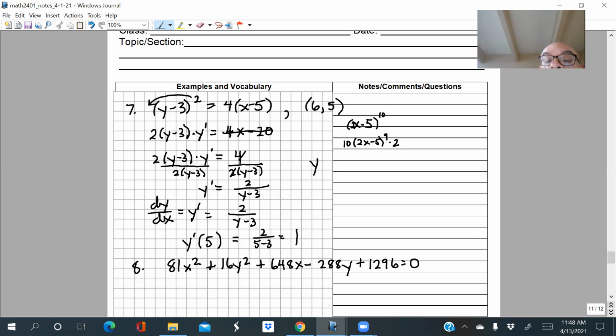So what's the equation for the tangent line going to be? It's going to be y equals 1, which is the slope, times x minus the x-coordinate of this point, which is 6, and then plus the y-coordinate of the point. So you end up with that. I guess you could simplify that, but you really don't have to.